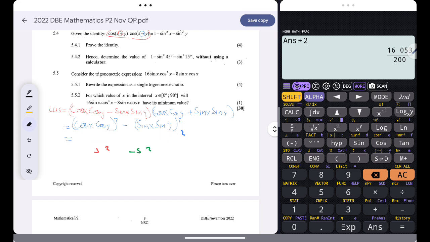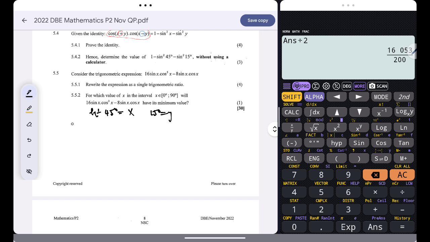Okay, now whenever they say to me hence, determine the value of that without the use of a calculator. Whenever I see the word hence in maths, that means I must use what I've just proven previously. So when I look at this thing, I can simply say let 45 degrees be equal to x and 15 degrees be equal to y, right?